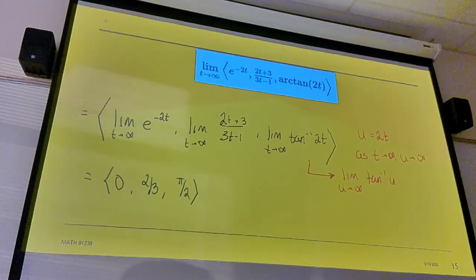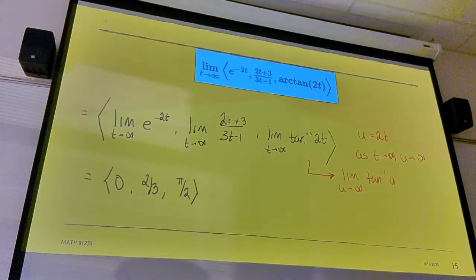Where are the vertical asymptotes of tangent? Pi over 2 and negative pi over 2. Of those two, which one gives you infinity as x approaches it?